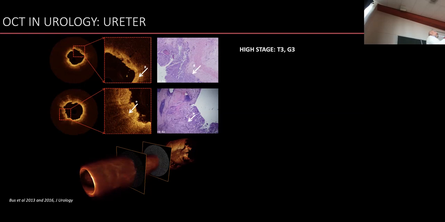Instead of burning away these tiny lesions with, for example, a laser fiber, we have to take out the whole system, and the kidney is removed, this tube is removed, and a part of the bladder is removed. It's a very, very invasive surgery with a lot of comorbidities. So being able to look at the difference of these two has real clinical implications.